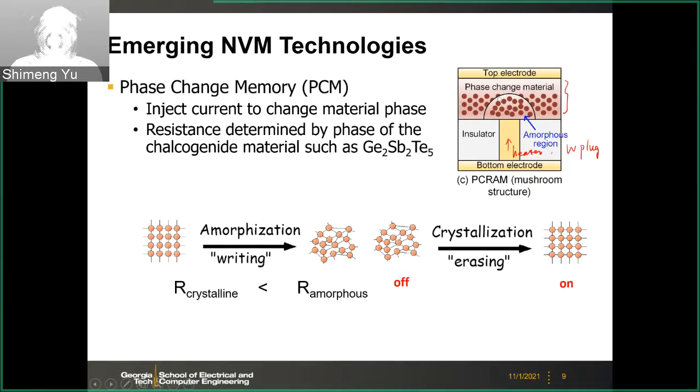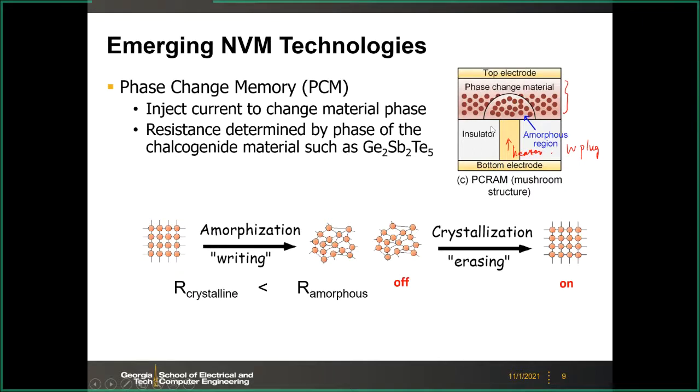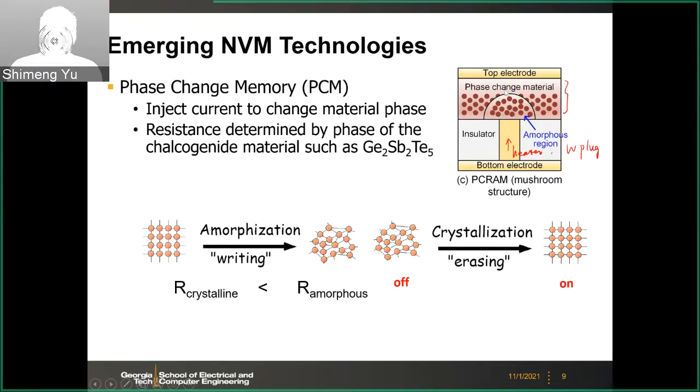The phase change material is typically made of a chalcogenide material, such as GST, which is germanium antimony telluride. This GST phase change material has a property to change its phase. So what do we mean by phase?